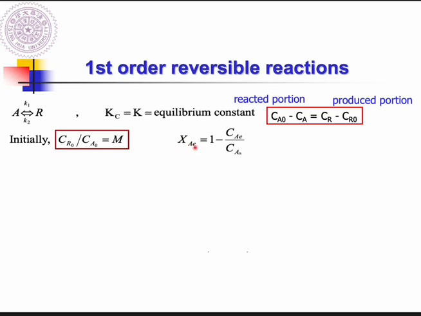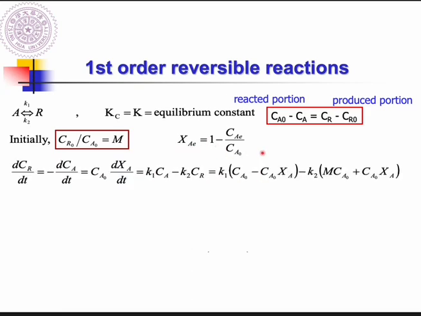And XAE means the fractional conversion of reactant A under the equilibrium condition, equal to 1 minus CAE divided by CA0. So we put E here to mean the fractional conversion of reactant A under the equilibrium condition.